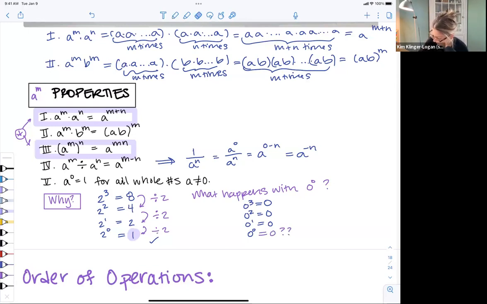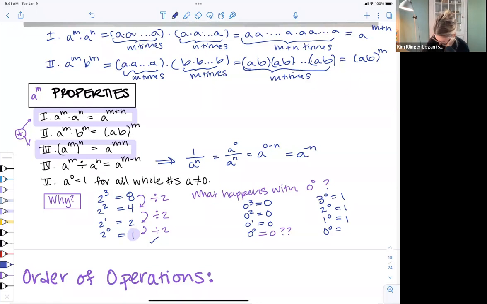However, if I follow another pattern, if I instead look at what happens with 3 to the 0, 2 to the 0, 1 to the 0, and so on. Looking at this pattern, 3 to the 0 is 1, 2 to the 0 is also 1, 1 to the 0 is 1.